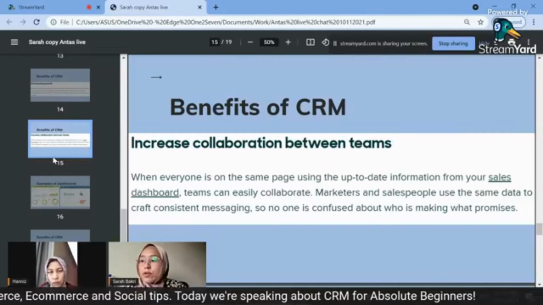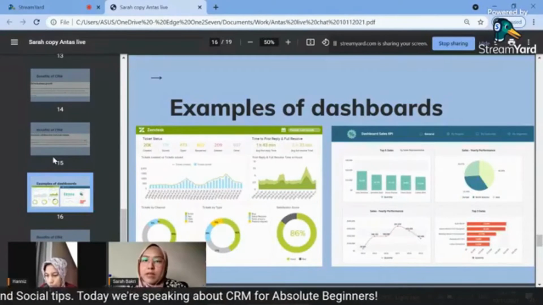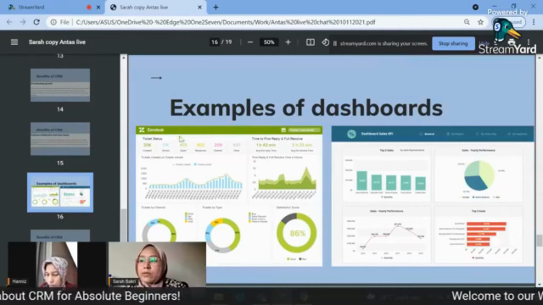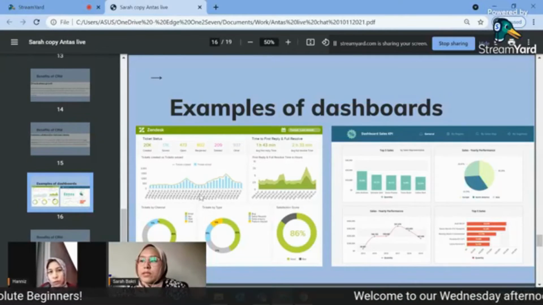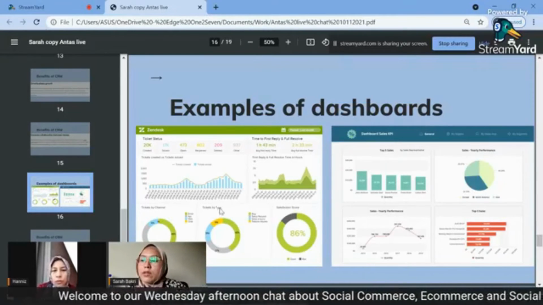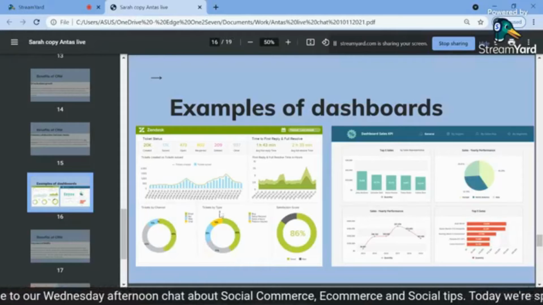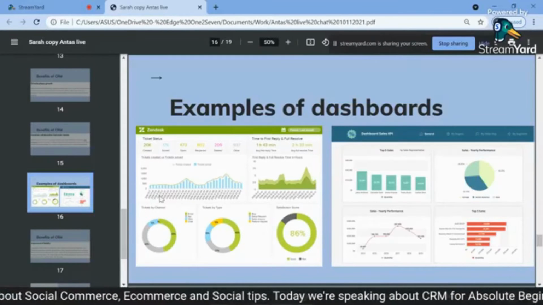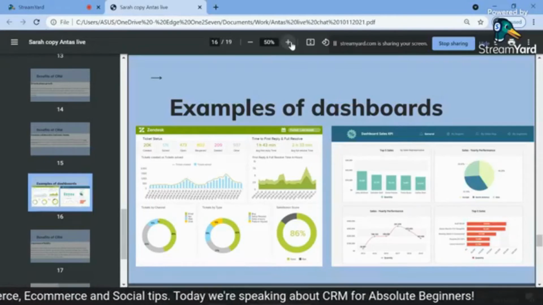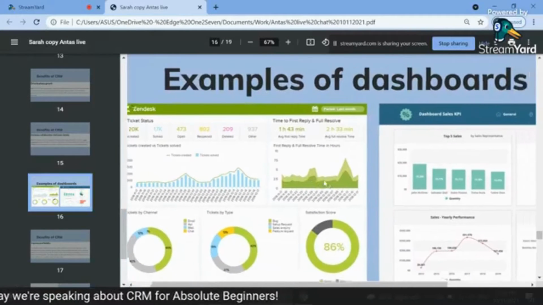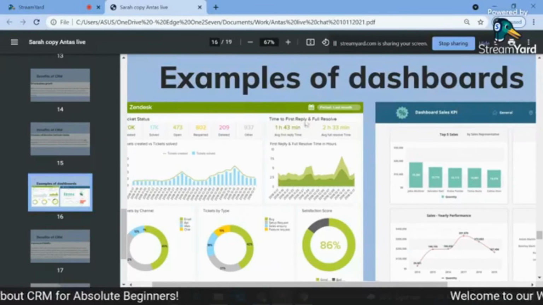Using your sales dashboard. This is an example of some dashboards that you could have, depending on your CRM. As you could see, for example, you could see the type of tickets, the type of inquiries or contact that your customers are asking you, and you see here the dates, and then you could see the time also, average time.